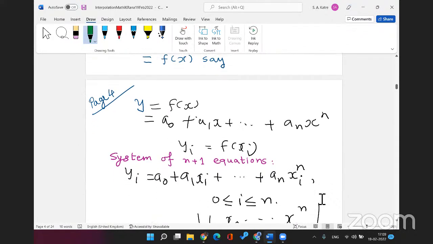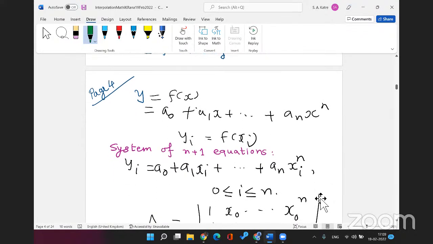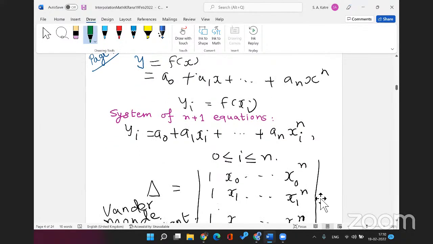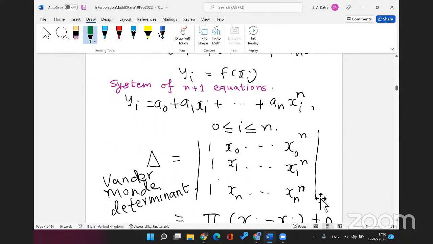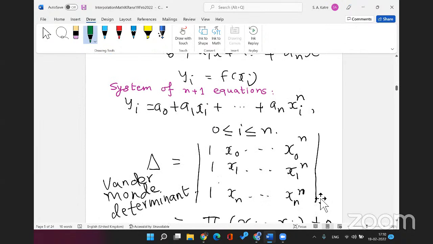So how do we do this? We substitute x equal to xi, then f(x) is expected to be yi. That is our requirement. So we get a system of n plus 1 equations: yi is equal to a naught plus a1 xi plus etc. plus an xi raised to n, where i varies from 0 to n.